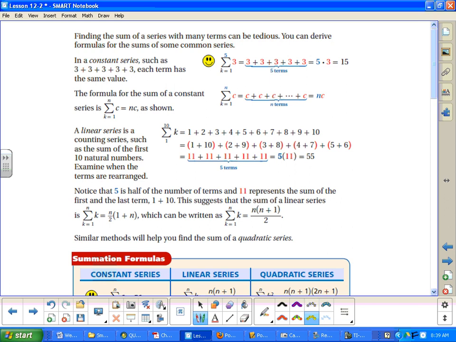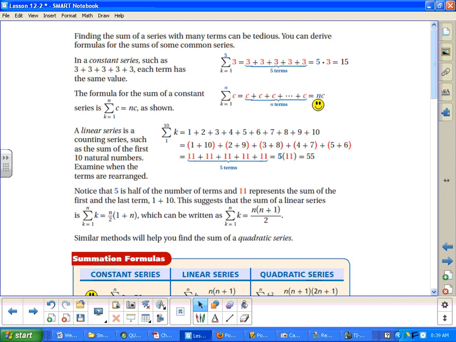So would it be easier to add 3 together 5 times, or would it be easier to multiply 5 times 3? It just kind of depends on the mood you're in, I think. So they developed a formula for that: I can just multiply n, whatever my value of n is here, times c, whatever that constant is. Now the thing is that sometimes it doesn't always start at 1, so you have to make sure you're doing it the right amount of times.